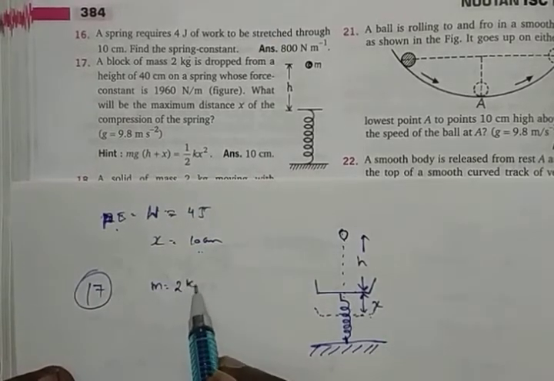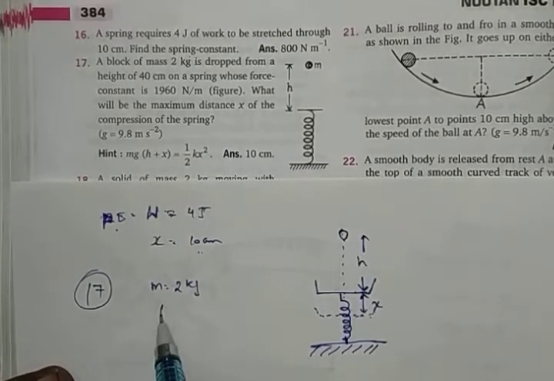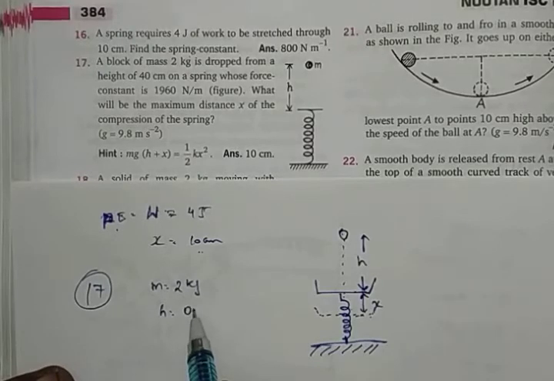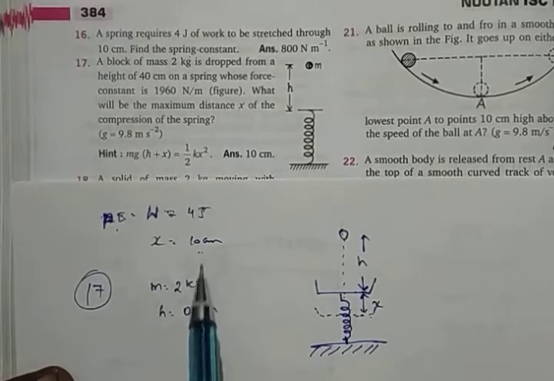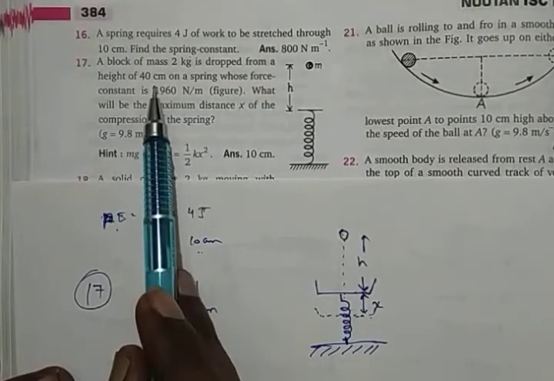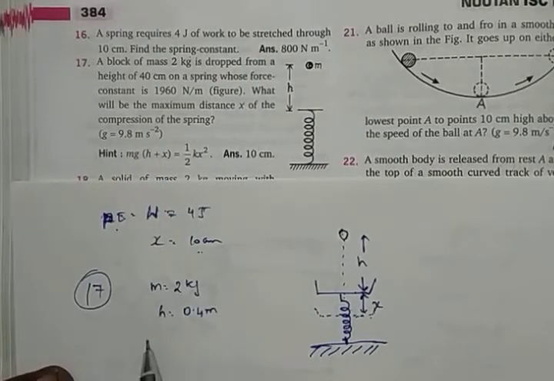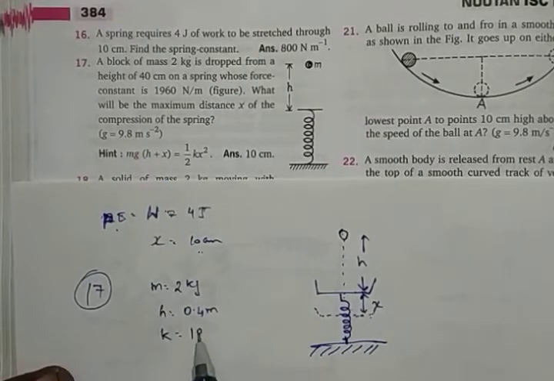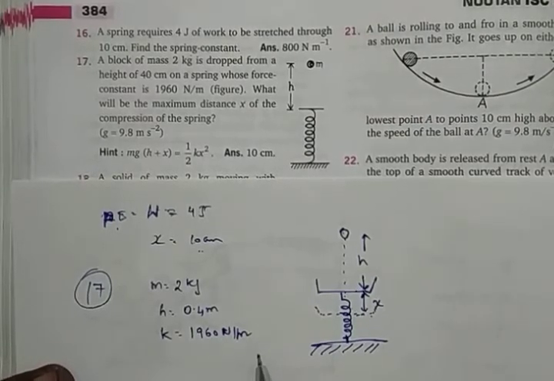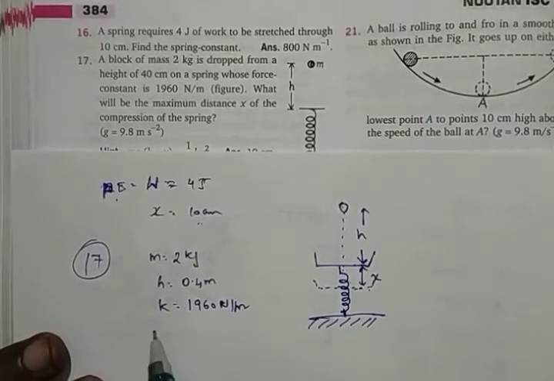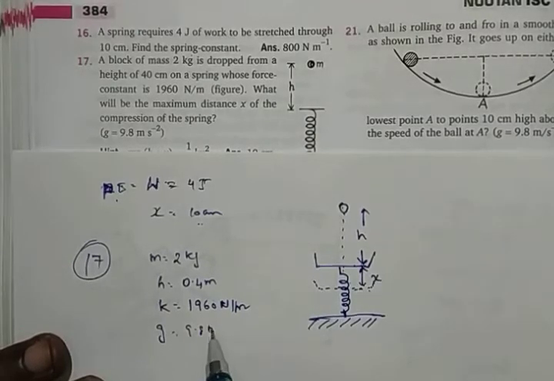Mass is equal to 2 kilograms, and then height is equal to 0.4 meters. I'm writing in terms of meters, and then the spring constant is 1960 Newton per meter. Alright, so g is equal to 9.8 is given here.